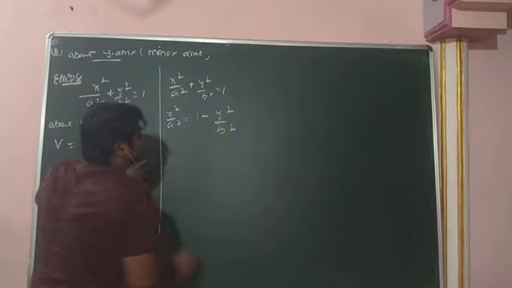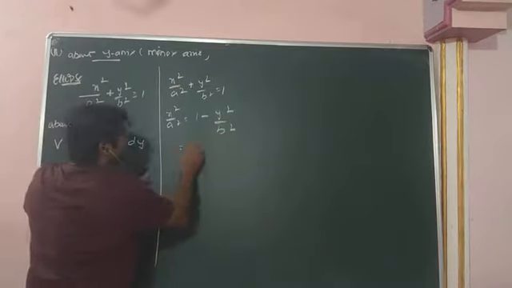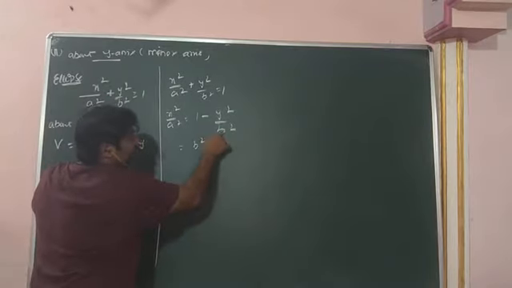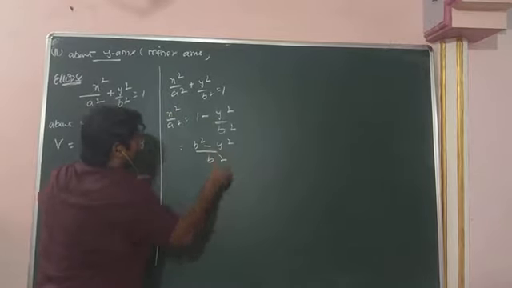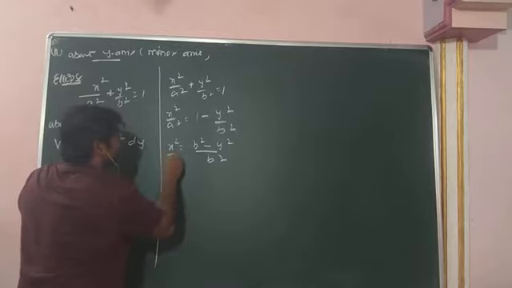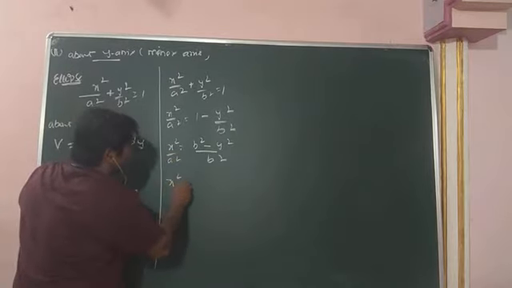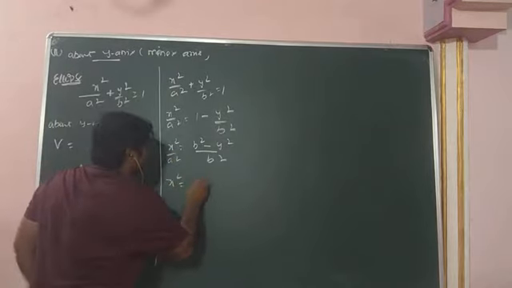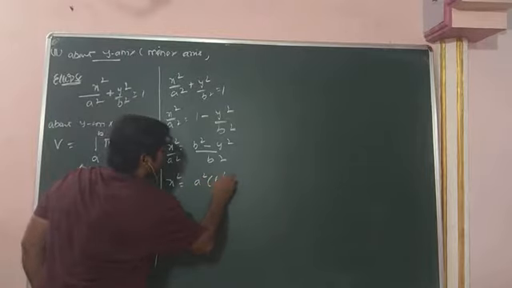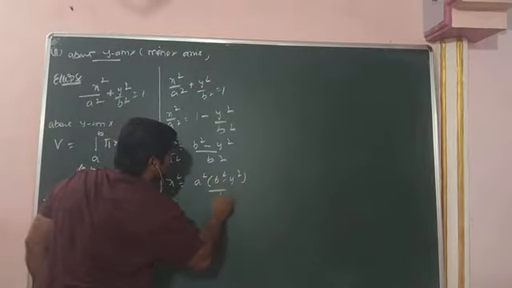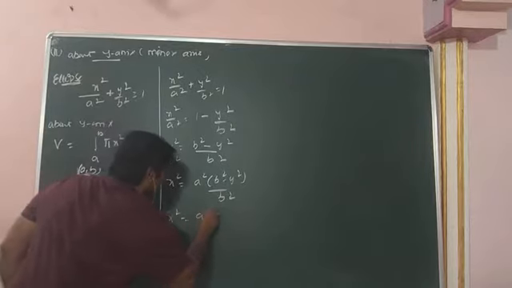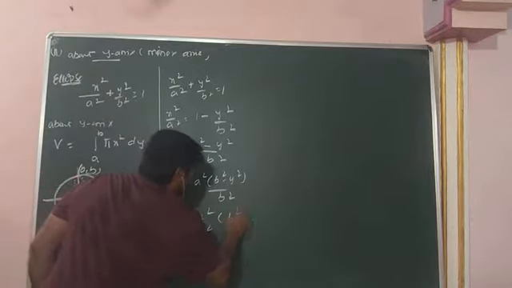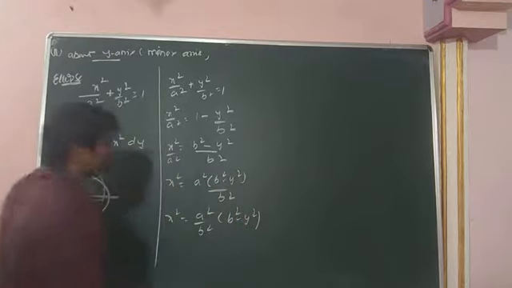So the LCM is b square. Cross multiplication: 1 into b square minus y square by b square is x square by a square. So from that we get x square is equal to a square into b square minus y square by b square. So x square is equal to a square by b square into b square minus y square.